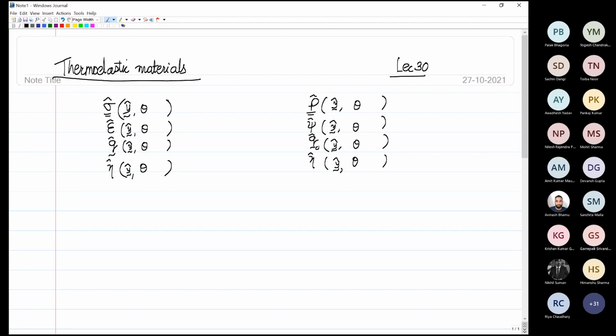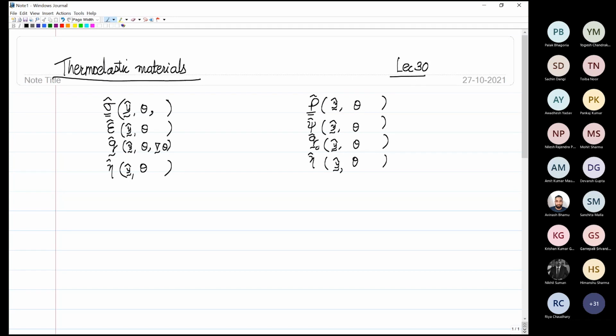Temperature gradient, right? Thermal conductivity is the material constant, but what variable does it depend on? It depends on the temperature gradient. So you have rightly figured out that the temperature gradient should somehow be present. Let's put that here for the heat flux.